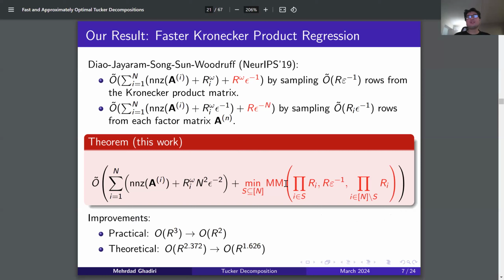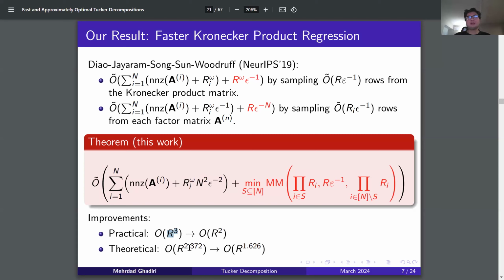If you don't want to look at this complicated term, there are two different settings. You're either thinking practically about the problem, which means matrix multiplication takes time R cubed, or you're thinking theoretically, in which matrix multiplication takes R to the 2.372.